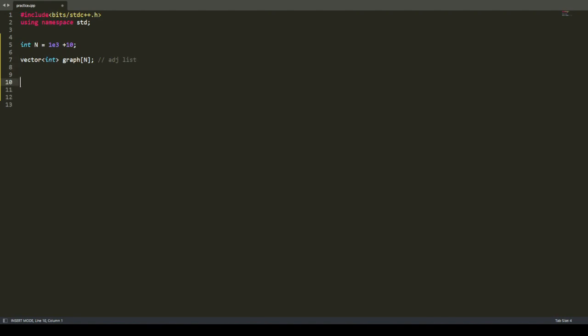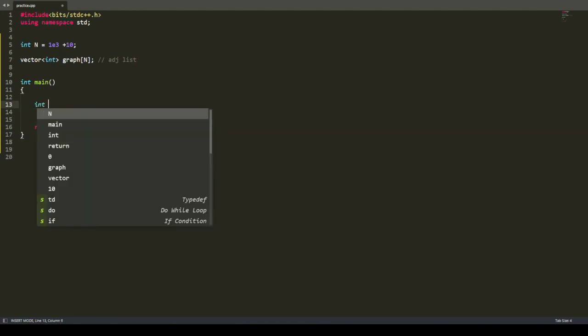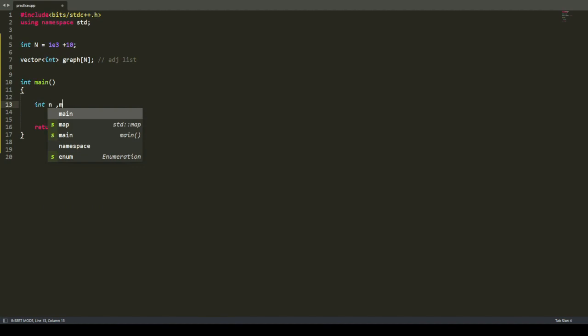Now write the code, int main, return 0. We declare n and m, the number of vertices and number of edges. Let's take input m. Our next lines take the m inputs.